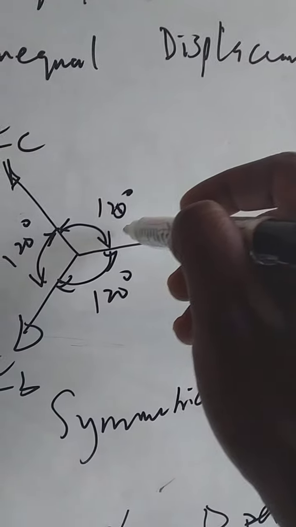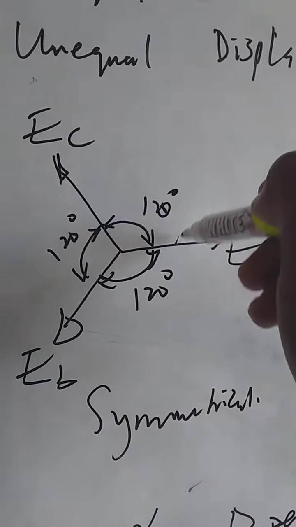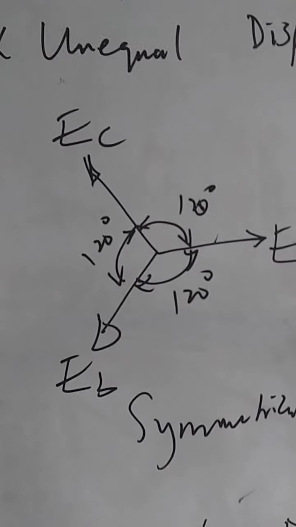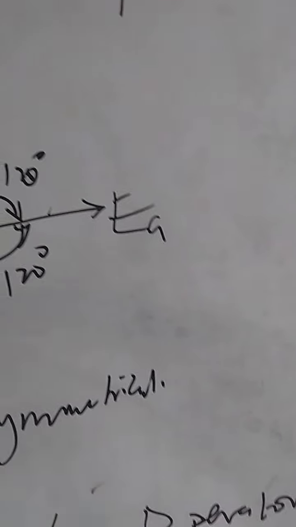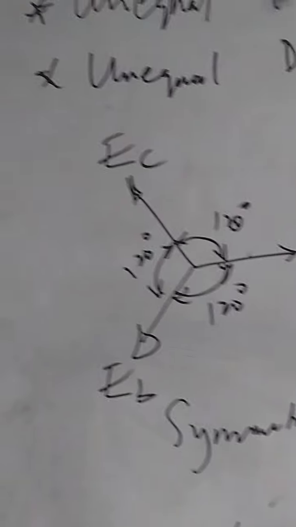So that means when it goes through 120 degrees, alpha is 120 degrees. It advances anticlockwise through 120 degrees. That is alpha.